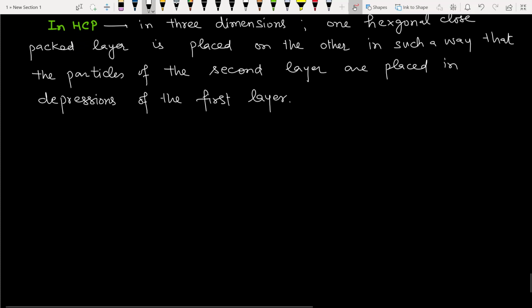So as a result of this, the atoms of first layer and second layer align differently.